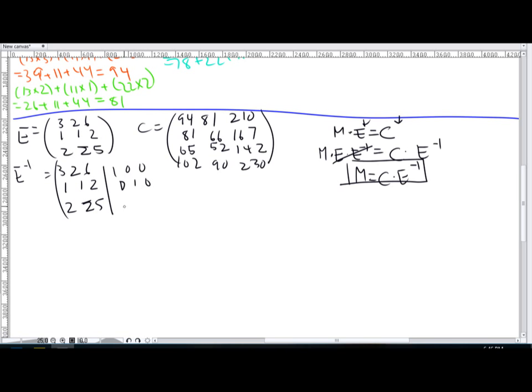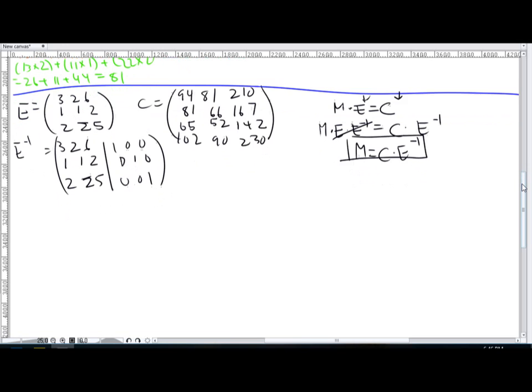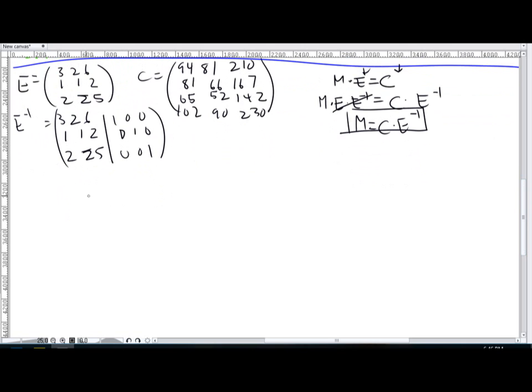Our goal is to get the identity matrix on the left side, and whatever is left on our right side would be our inverse of E. So I can first do this by multiplying -1 to row 3 and adding it to row 1, so that this would become 1 plus R1, and that would be 1, 0, 1, 1, 0, -1.